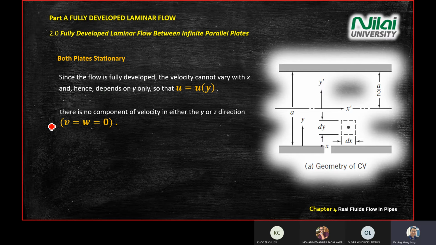When we derive the equation for both plates stationary, our v vector and w vector equal 0, meaning we don't have velocity vector in y direction and z direction. We only look at x direction for velocity.